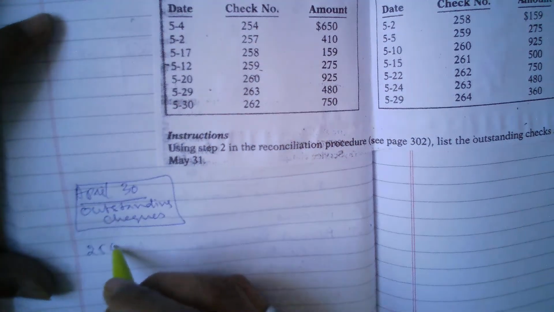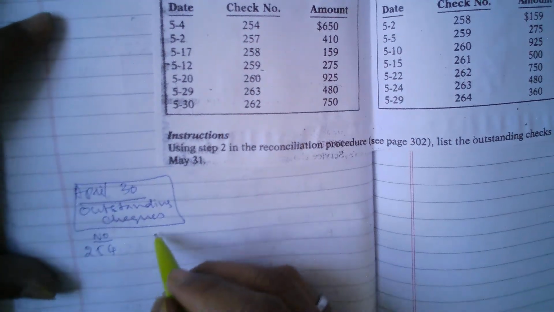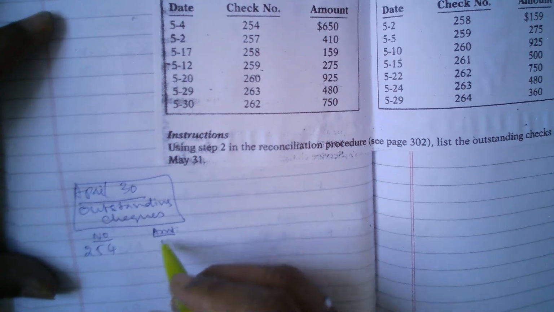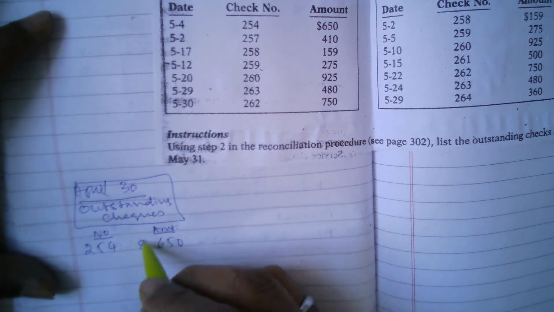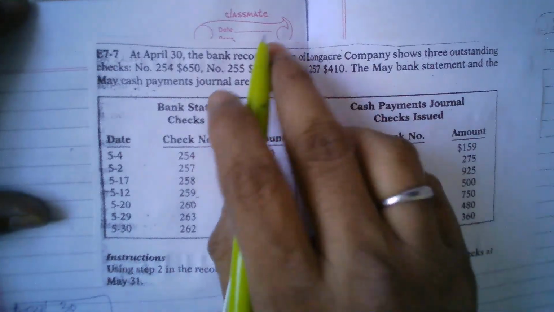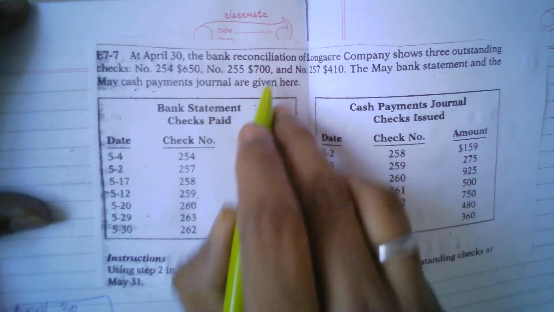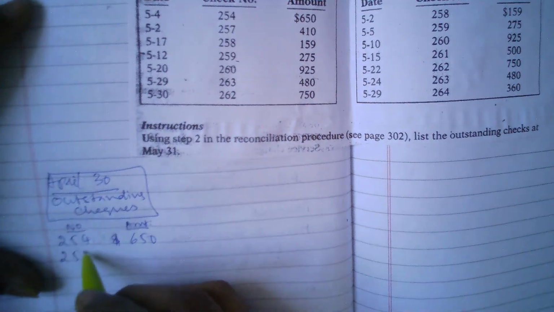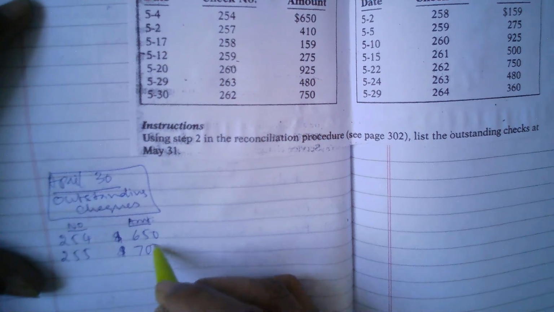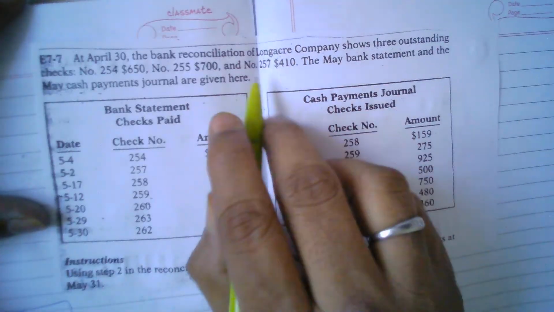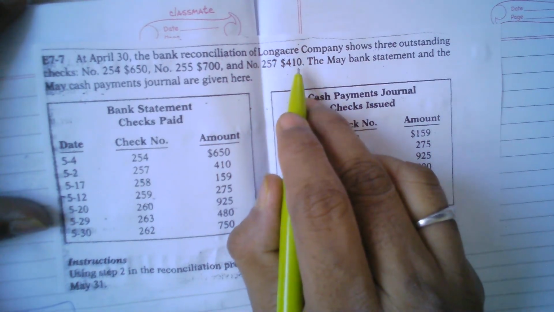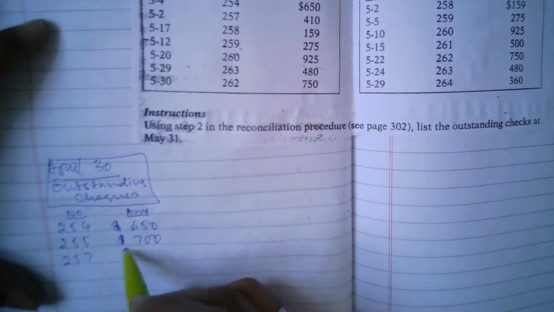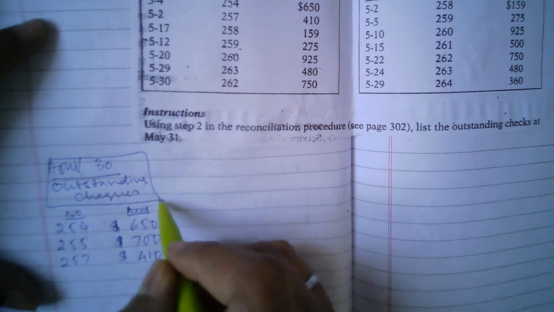So 254 is the check number and the amount is $650. Another is 255, $700. And another is 257 with $410.